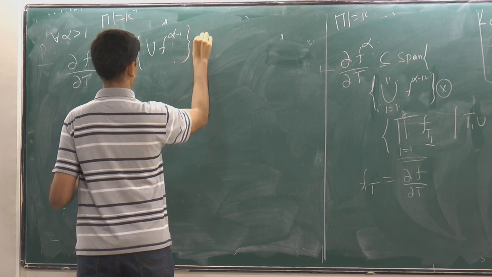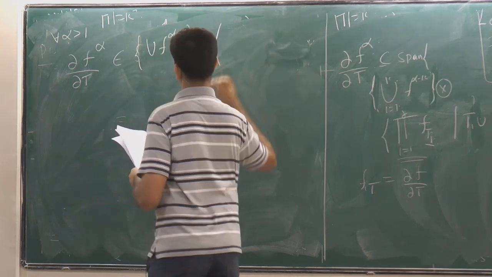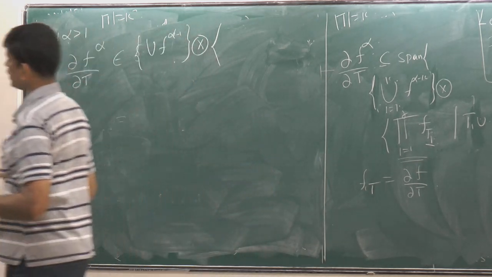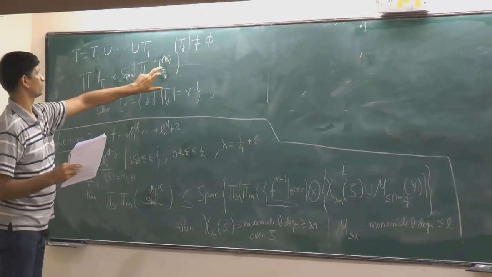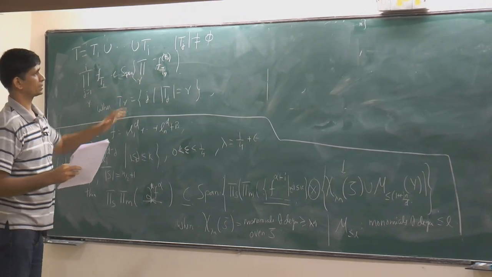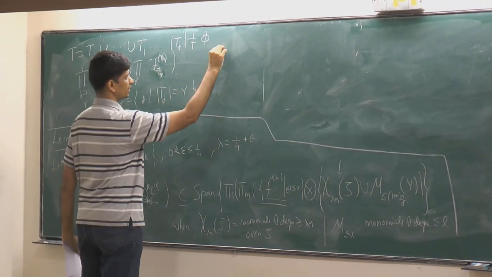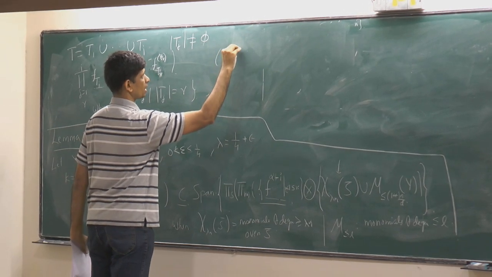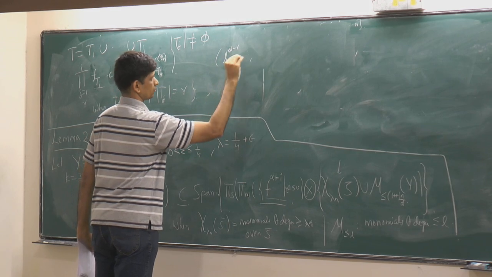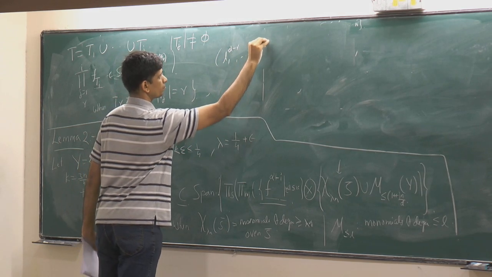Then if I look at this polynomial, the derivative of f of order r is in the span of L1 to the d minus r etc. Ln to the d minus r.